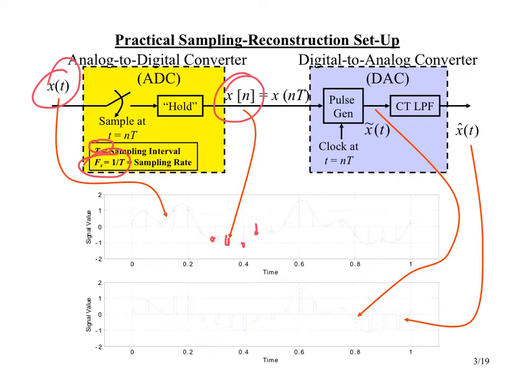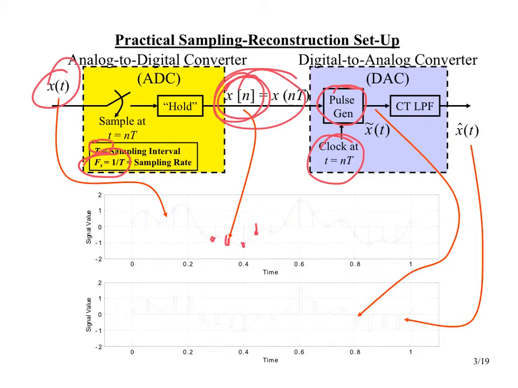Then we take those samples and put them into a D to A converter. The basic idea of the D to A converter is that each time it gets a new sample, it generates a pulse at the appropriate time.